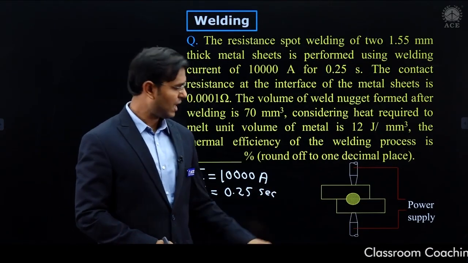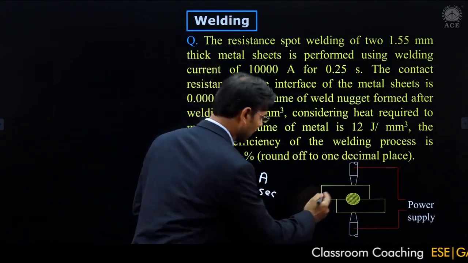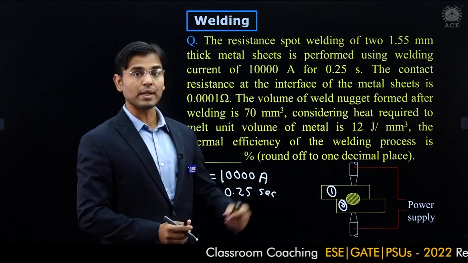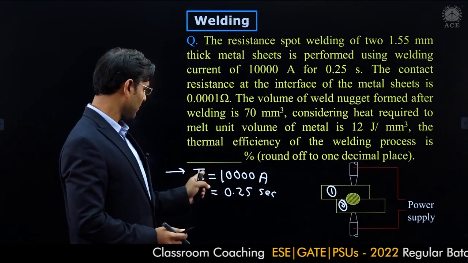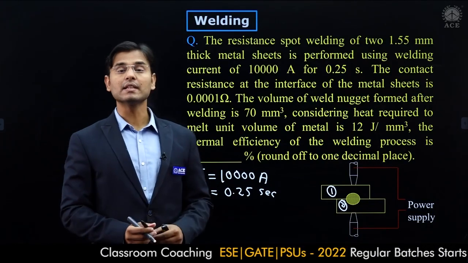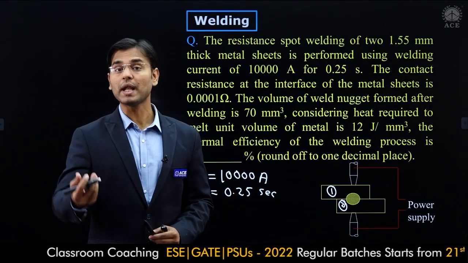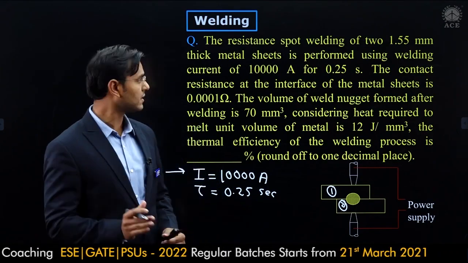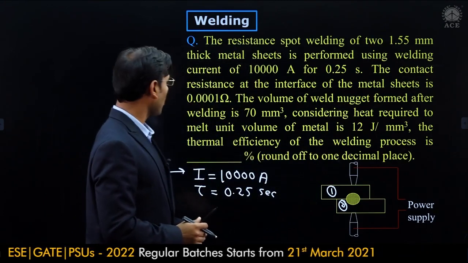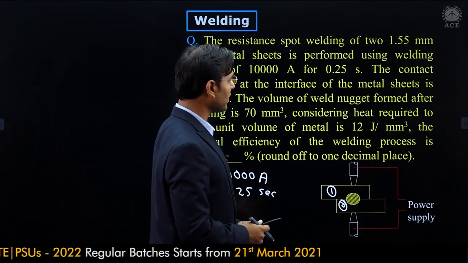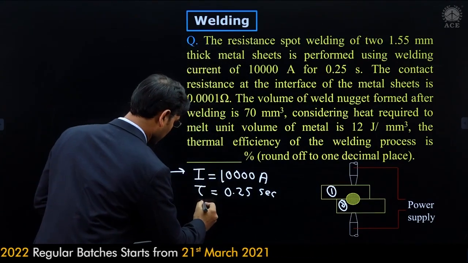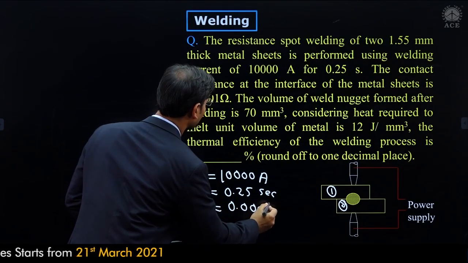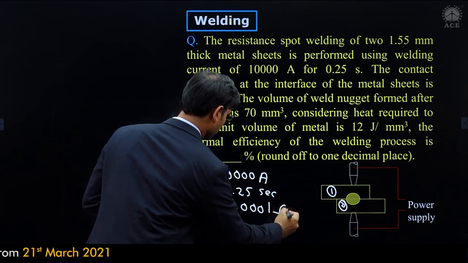It means that we have to join these two plates. I am writing here the plate 1 and plate 2, whose thickness is 1.5 millimeter, and we are giving the current of 10,000 ampere, and we are supplying that current for a time of 0.25 second only, right? See the next sentence. The contact resistance at the interface of metal sheets is given as 0.0001 ohm.